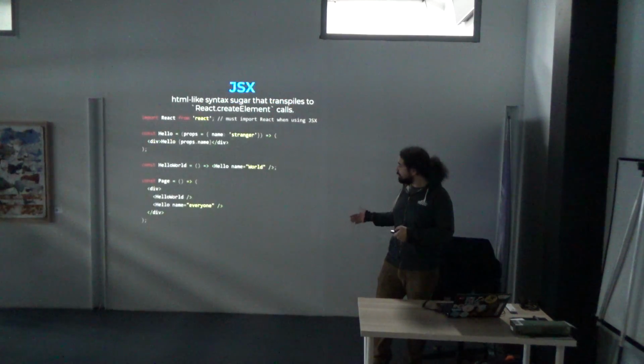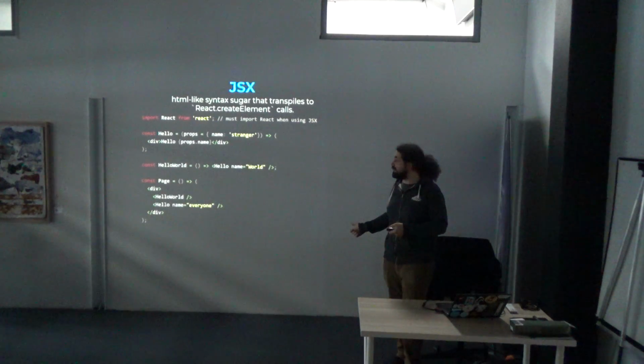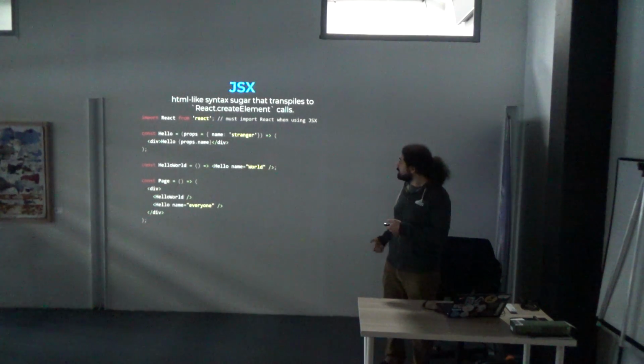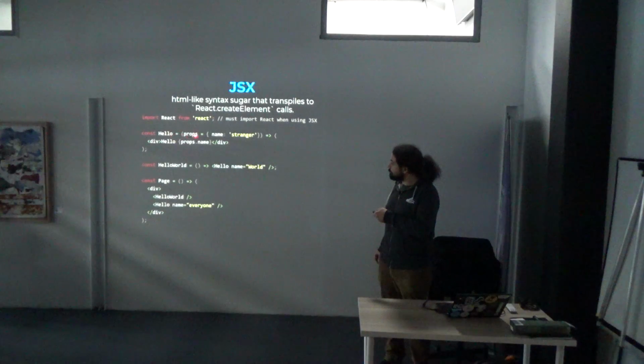So that's why we have JSX. This is the HTML-y thing that I've talked about. So here, again, we import React, and then we write another function. This is just another way to write functions, obviously. So we say Hello, which is a function, takes props, with the first argument, the name, defaulting to stranger.